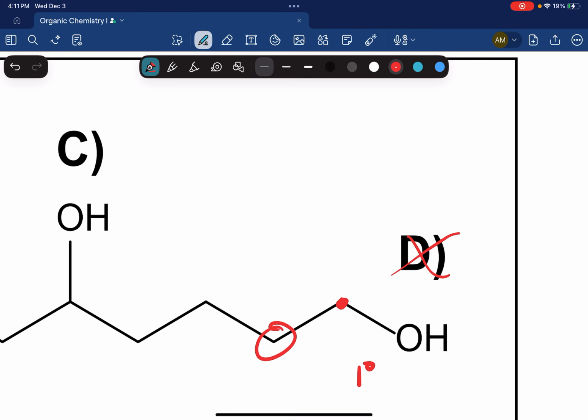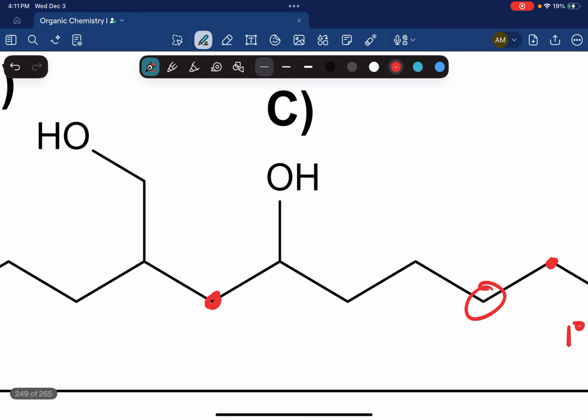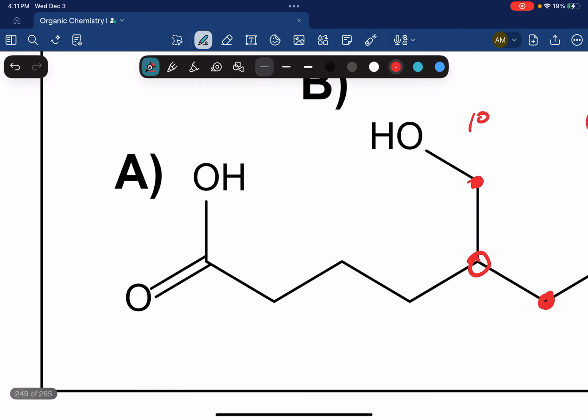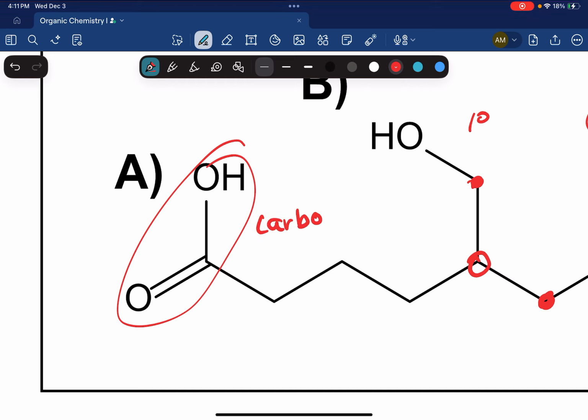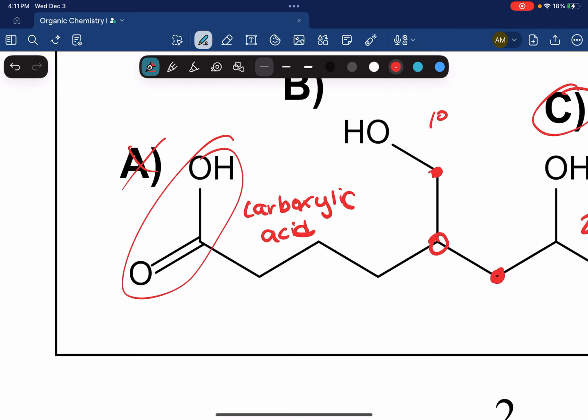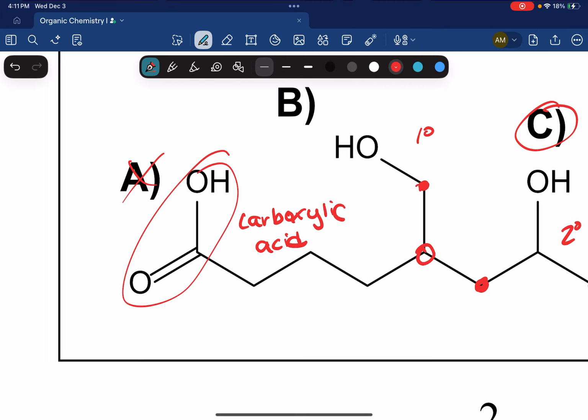This is primary. Oh, hey, looks just like what I drew. Two carbons. This is secondary. Carbon it's bonded to only has one. This is primary. And then this is just a carboxylic acid. But in terms of what we were talking about, bonded to one would have been wrong anyways.